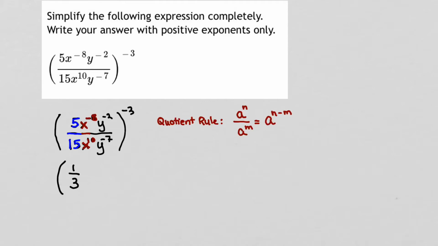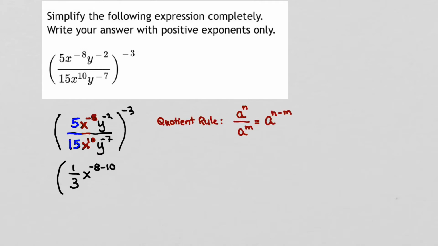So that's the rule that I want to use with my x's. My numerator has a negative 8 as the exponent, so I'm going to take negative 8 minus the exponent on the bottom, which is 10. And so I can take those two x's using the quotient rule and put them together as a single x.